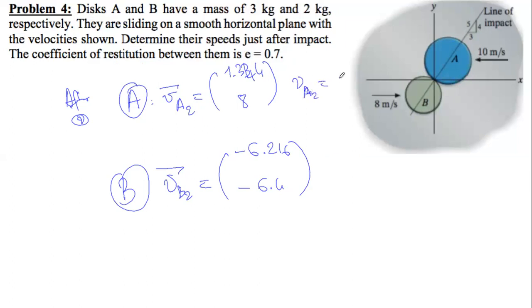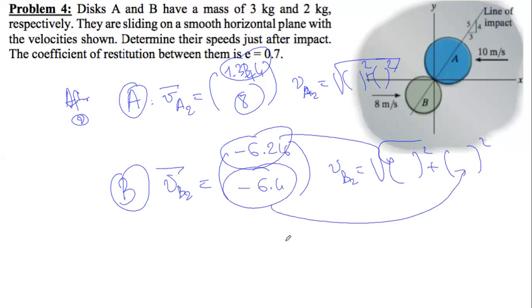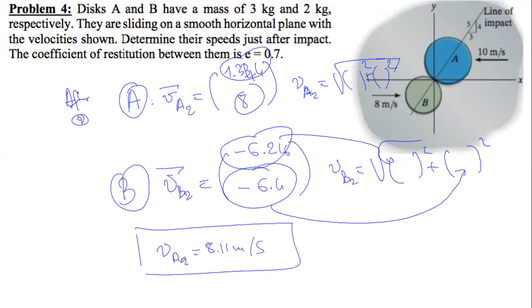VA2 is the square root of this squared plus this squared, and VB2 will be the square root of this squared plus this squared. So VA2 in speed is 8.11 meters per second, and VB2 in magnitude is 8.92 meters per second.